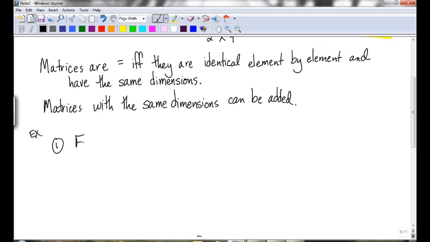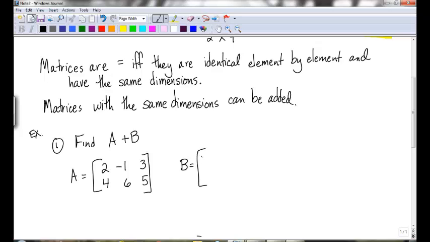Say they want you to find a matrix A plus matrix B. Matrix A is, first row across, 2, -1, 3. Second row across is 4, 6, 5. And remember, these are brackets around them because they're matrices. Matrix B, first row across is -4, 0, 3. Second row across is 1, 0, 2.